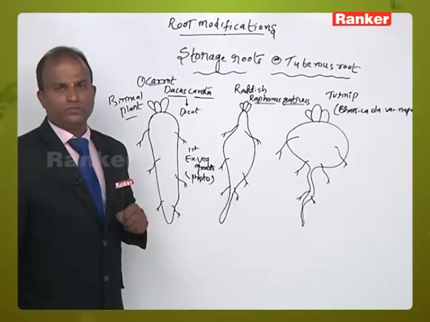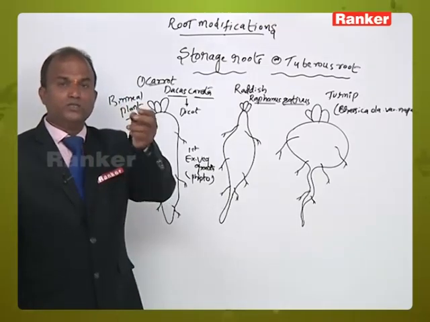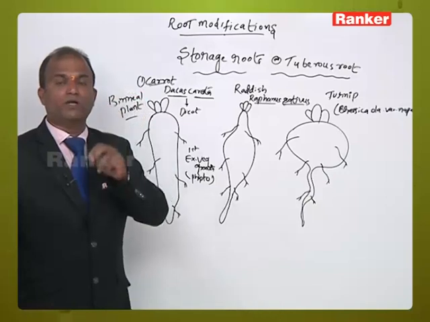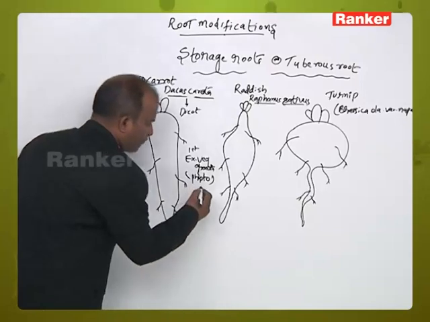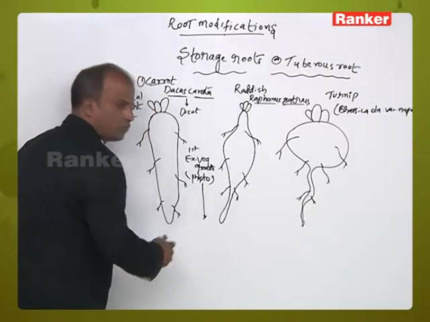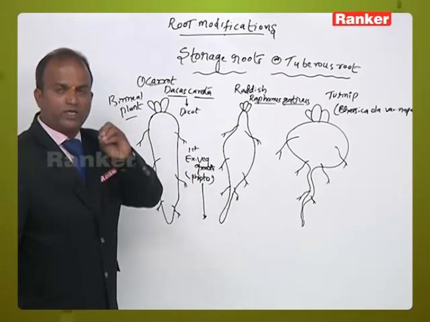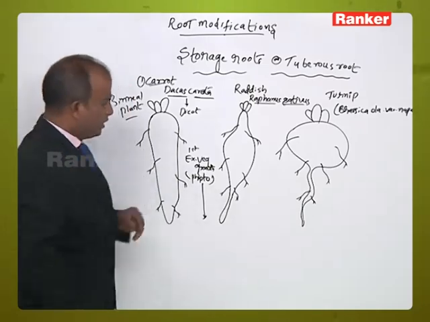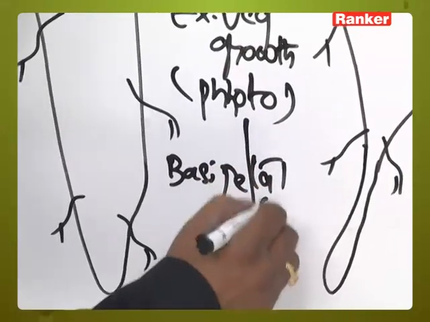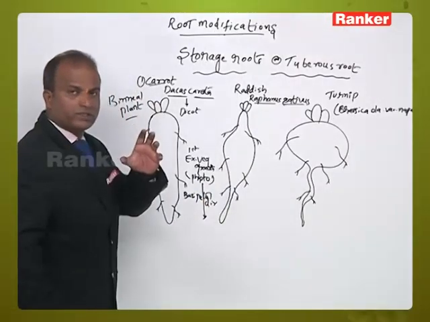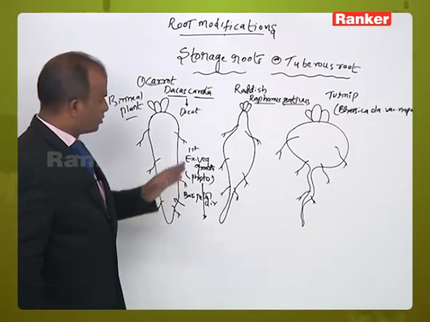From this synthesized food, part is utilized by the plant for metabolic activities, and the remaining part moves from upper to downwards, in the basipetal direction, and is stored in roots.